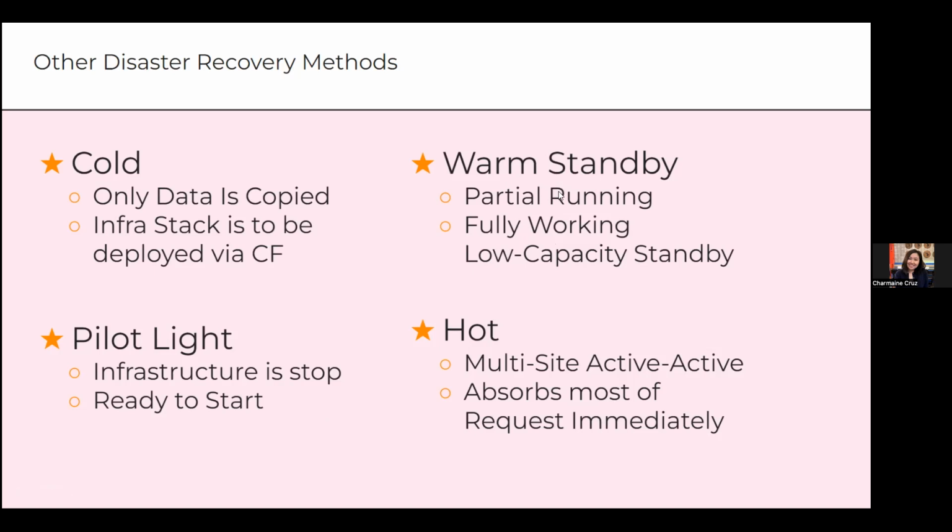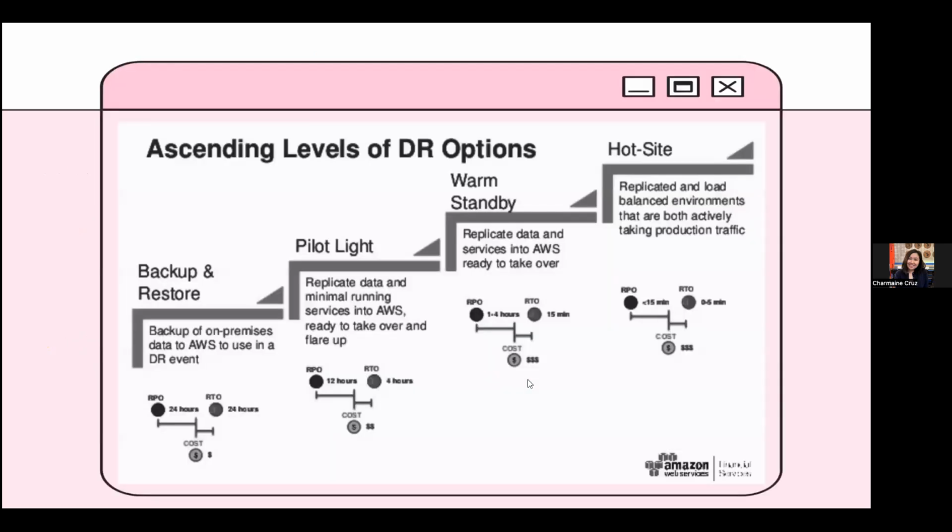Then warm standby, partially running, but it has a fully working low capacity standby. And for hot, multi-site, active, which absorbs most of the requests immediately. So later, makita natin yung difference nila from pricing and functions, and yung difference niya sa RTO, RPO.